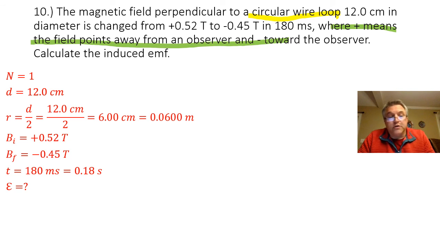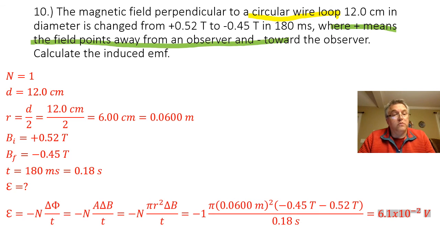Let's take a look at the solution. We're solving for induced EMF. So using Faraday's law, we don't need to rearrange the formula. We're already solved for our unknown. Again, as I have before, I have to take my area and substitute pi r squared for the area.